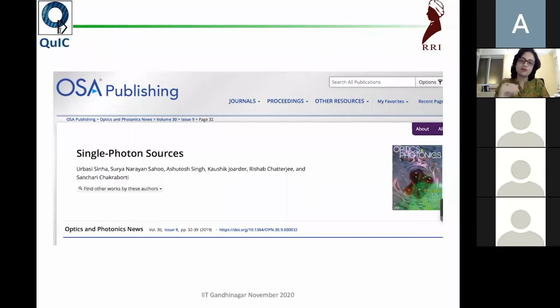For students who are interested in how to actually make these photons, it's easier said than done. You cannot just take a strong light and put a lot of filters on it and get the statistics that a true single photon source would give you. To harness entanglement, you have to work on the technology. This is a review article which may be helpful to know more about photon sources.